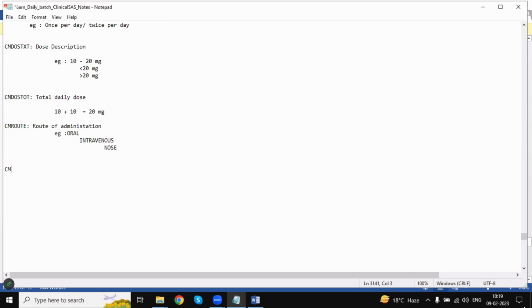Another interesting variable, CM indication. Okay. Indication. So what is the indication here? Why was the medication taken?